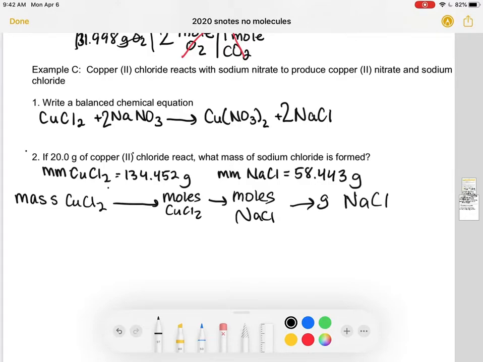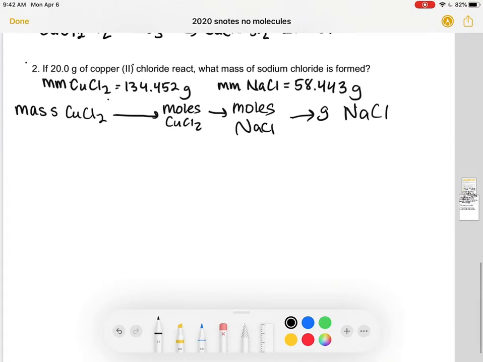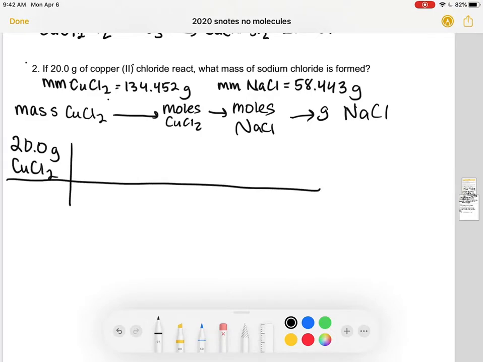Okay, so I'm starting with 20.0 grams of CuCl2. Got to get rid of grams and get moles, so I have to use my molar mass. So for every 1 mole of copper 2 chloride, I'm using 134.452 grams of copper 2 chloride.